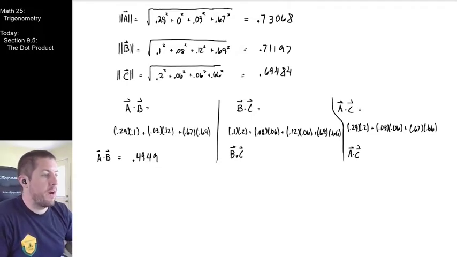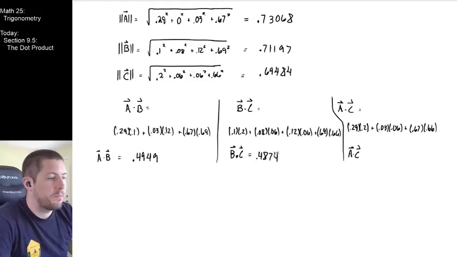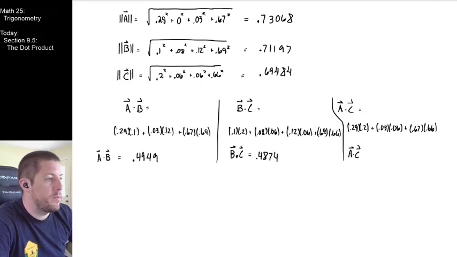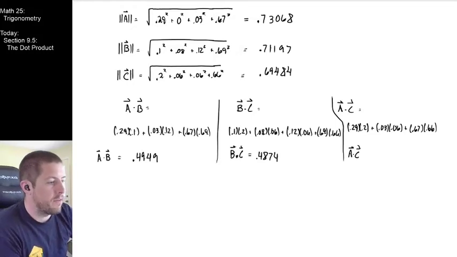I'm getting a 0.4874. Last one here, A dotted with C. I'm getting 0.29 times 0.2 plus 0.03 times 0.06 plus 0.67 times 0.66. And that's going to be 0.502.